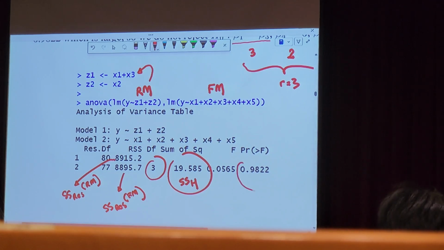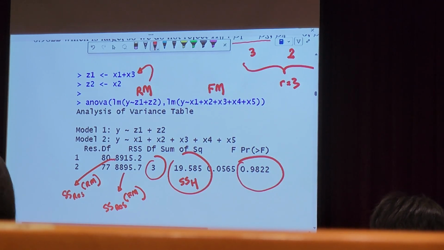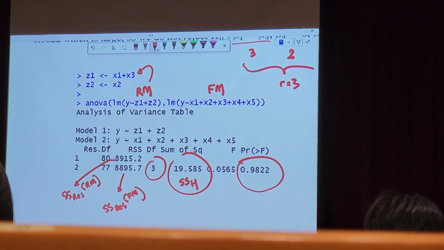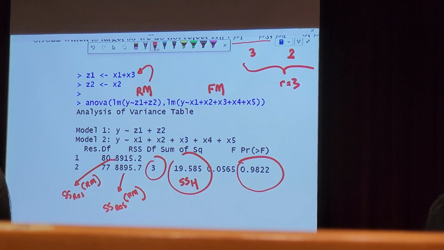So in this case, what happened? You can see the sum of squares, that is the F statistic, this is the F, and then that is the p-value. The p-value is large. We only reject the null hypothesis if the p-value is small.